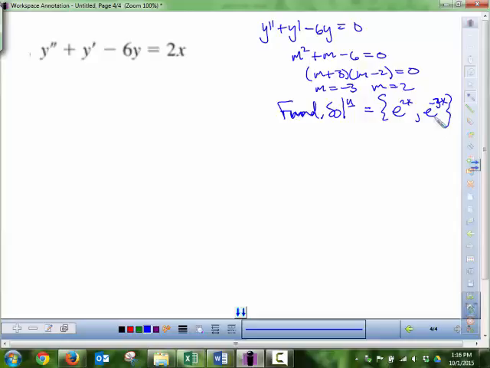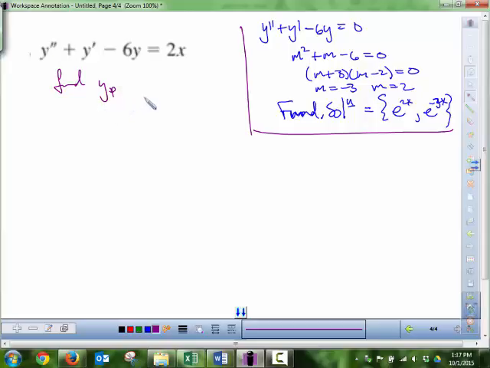So in the end, I'll have my fundamental solution as part of my solution to this differential equation. So that part is done. Now we need to find yp, one particular solution that will satisfy this differential equation.